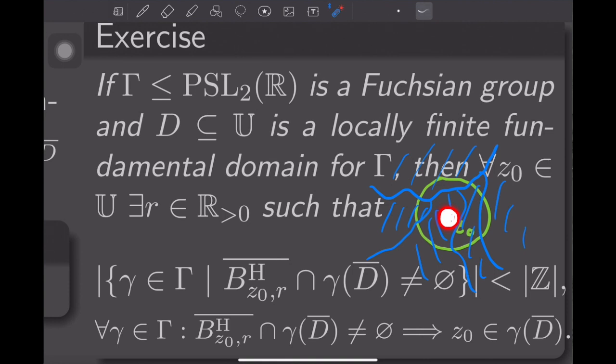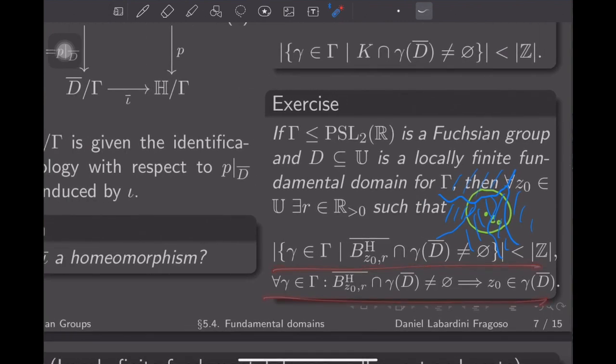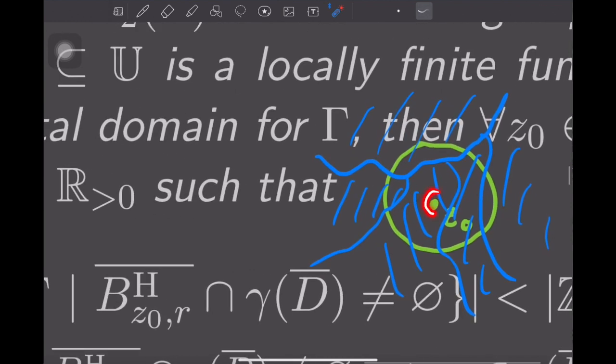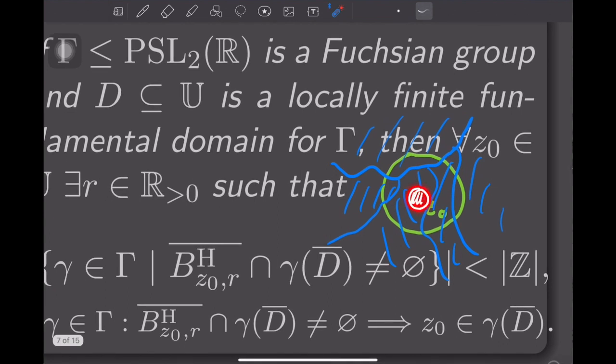For that sufficiently small disk, you still have the first property, and now you have the second property as well. Otherwise, if the small disk intersected some gamma image without Z naught being there, then that point would also be in the big one, which would contradict how small I took the radius.